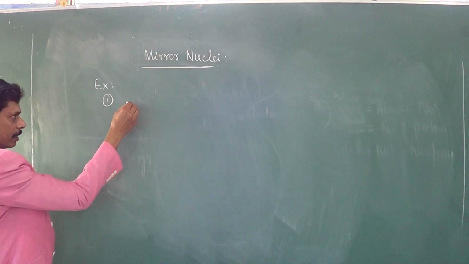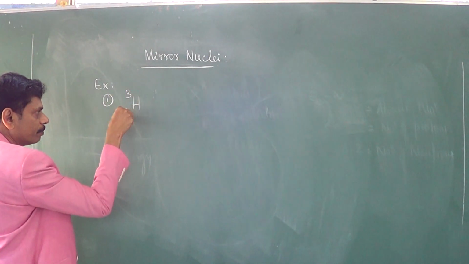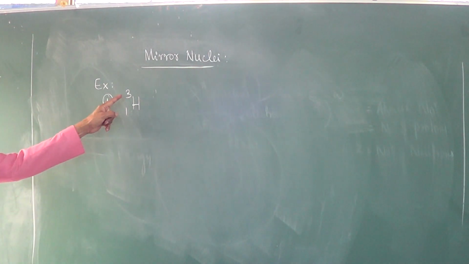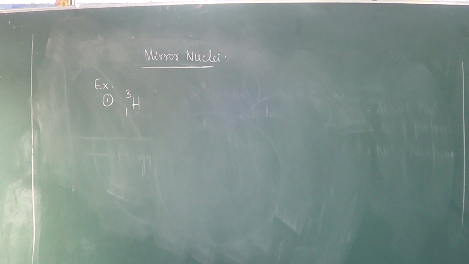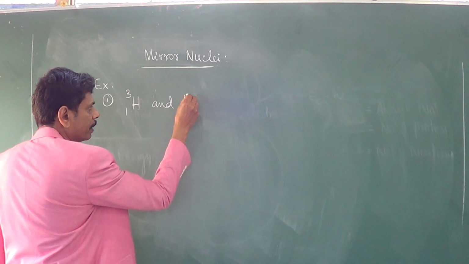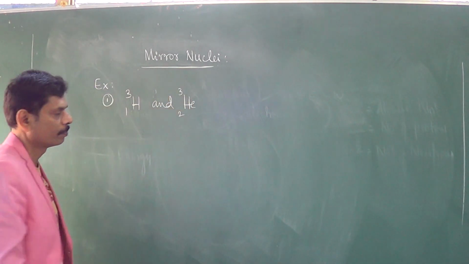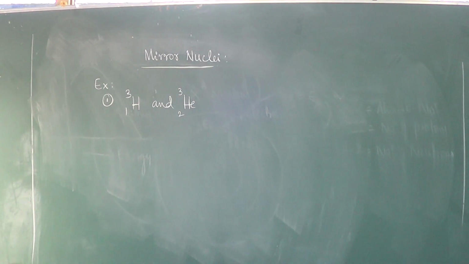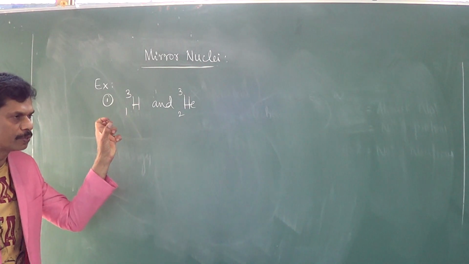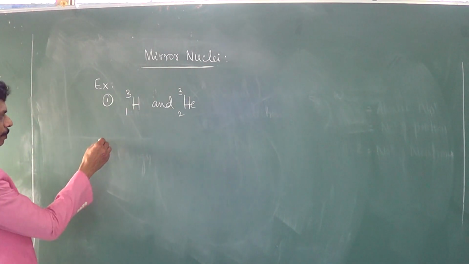Hydrogen 3,1, H31. Either you write it here or here, no problem. Mass number 3, atomic number 1. And helium 3,2. Just observe the examples that I am quoting here, carefully.